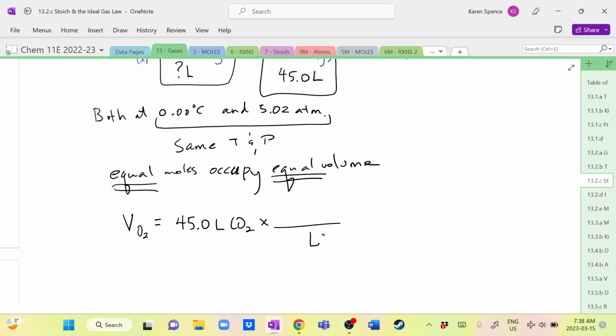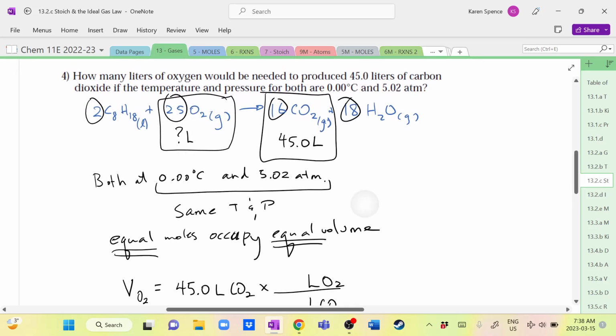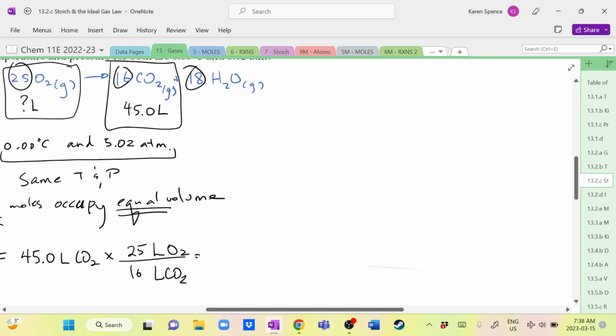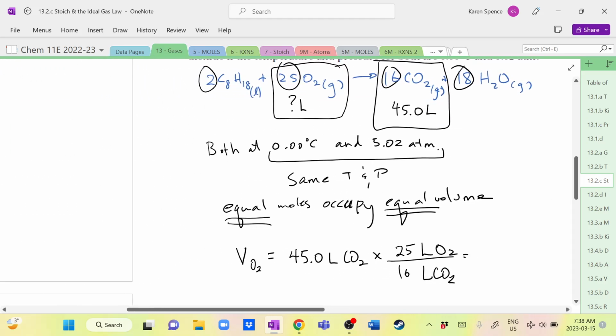We want to cancel liters of CO2 and find liters of O2, and that is 25 over 16. I have a calculator here with me. 45 times 25 divided by 16 equals 70.3125.